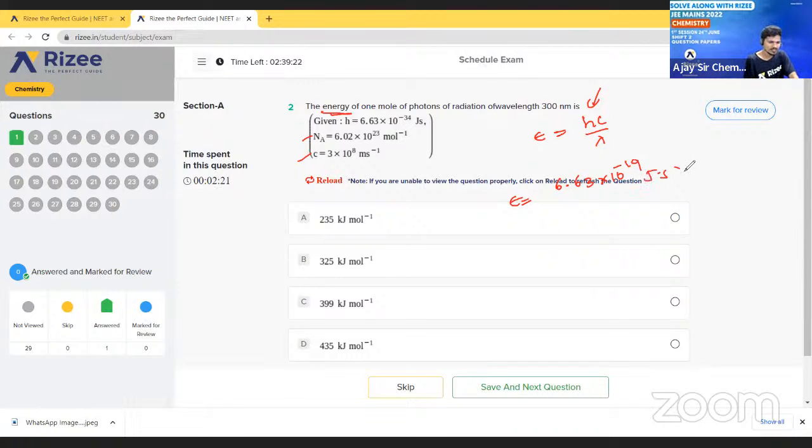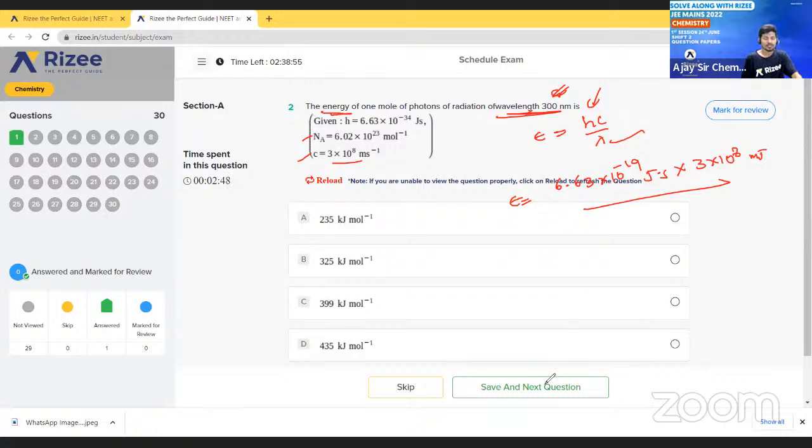And next, what is the c? The c value is fixed as 3 into 10 to the power of 8 meter per second. Here also the c value is given. And what is the lambda value? Lambda means wavelength, and lambda is equal to 300 nanometers.